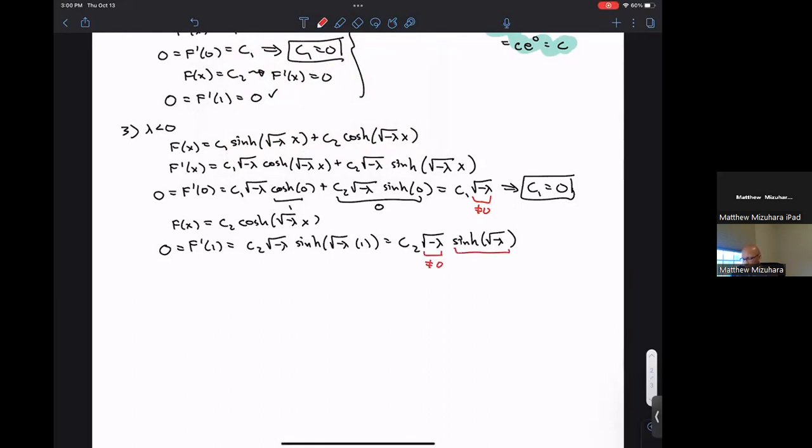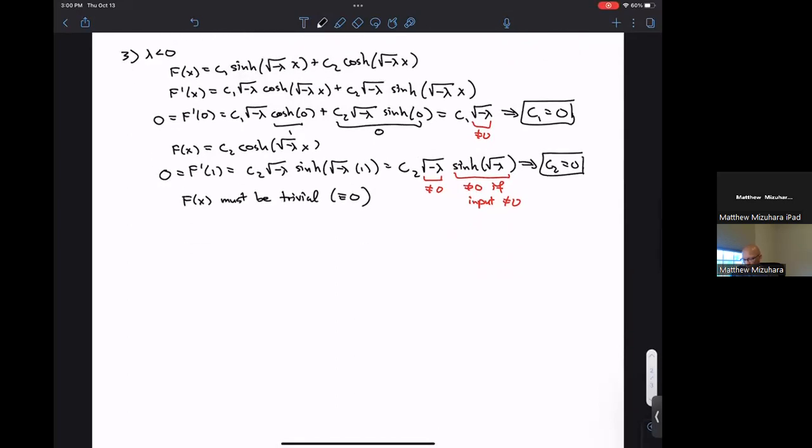And we remember that the sinh function is never 0 if the input is non-zero. And so the only way this expression holds is if c2 itself is 0. So in fact, all we get here is the trivial solution, i.e. just the 0 function. So we omit this case, we ignore this case.